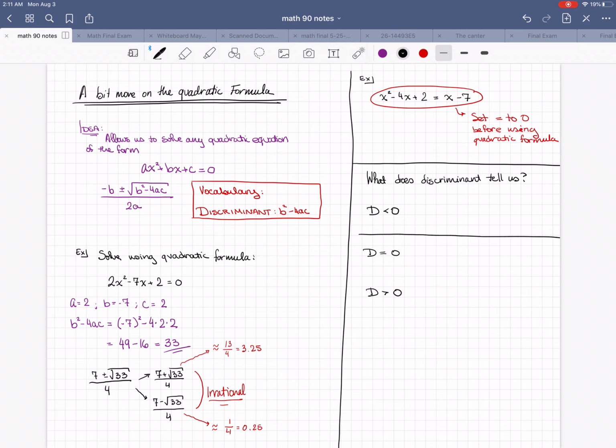Let's think about, you're approaching a problem for solving a quadratic equation using the quadratic formula, and you go through the process like we did in this example here, where you determine the discriminant, and it comes out negative. Well, where does the discriminant end up? It ends up under the radical.